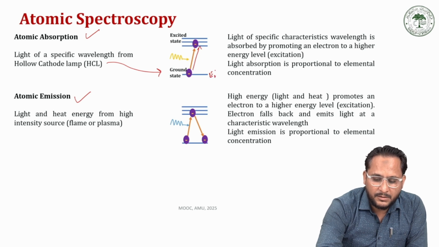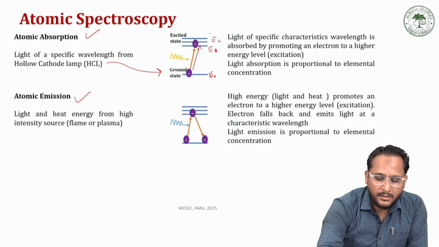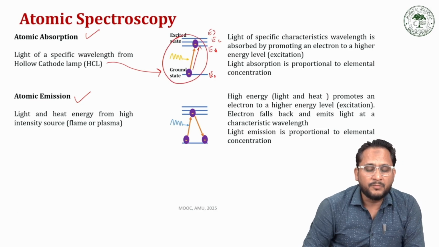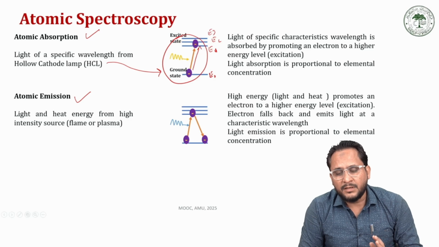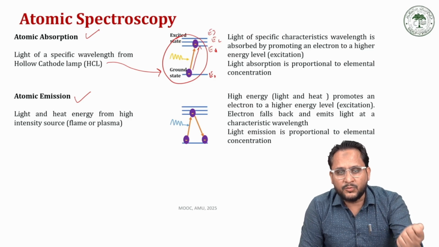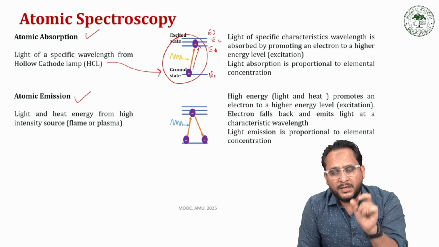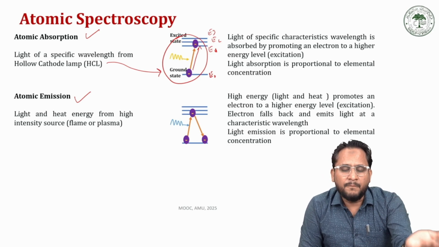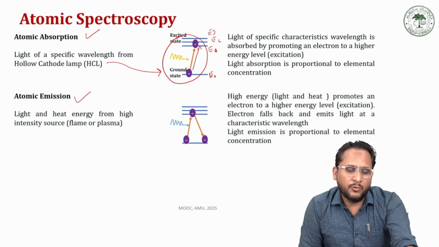During this promotion they absorb light of characteristic wavelength. Each and every atom has a different characteristic wavelength, so a particular wavelength of light corresponds to a particular atom or a particular group of atoms.